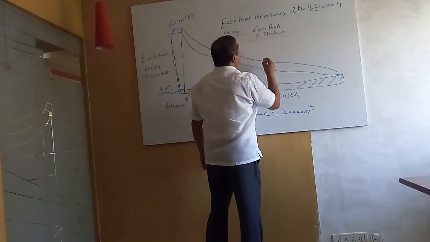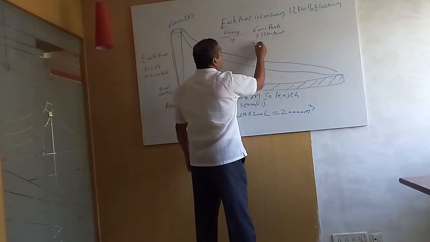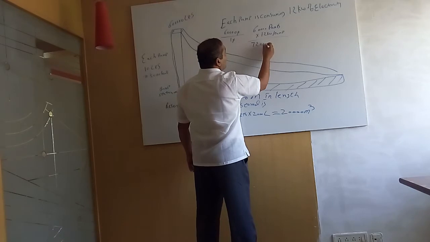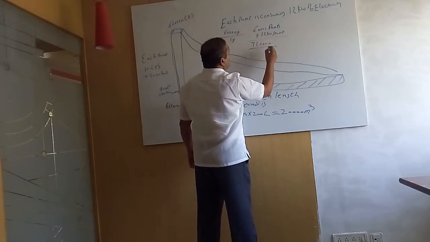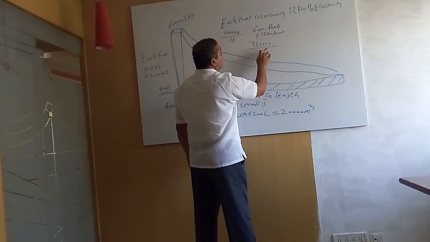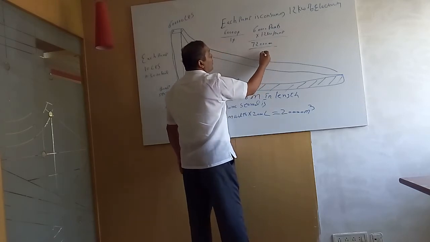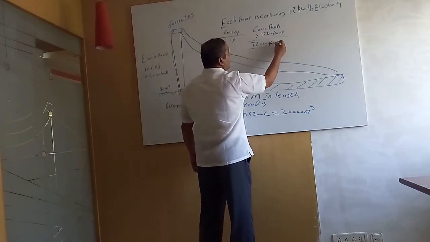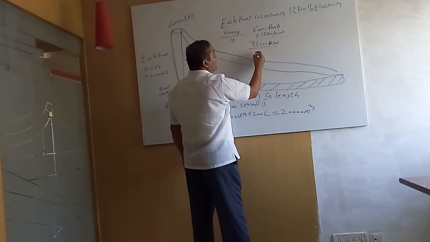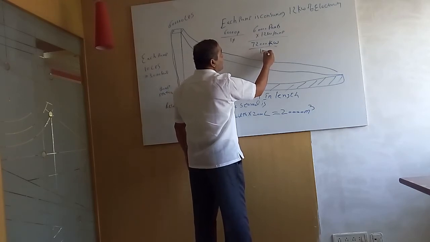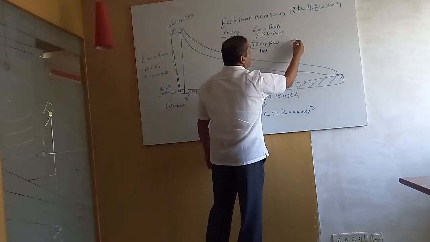That is 72,000 kilowatt. 72,000 kilowatt divided by 1000 is 72 megawatts.